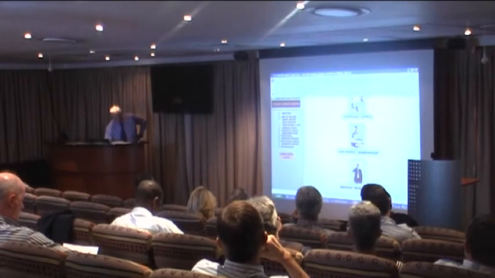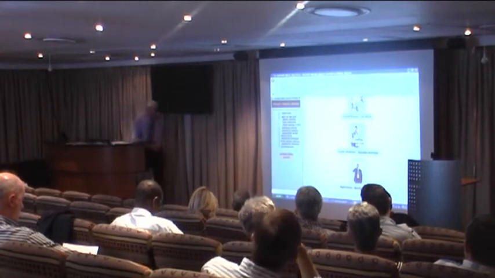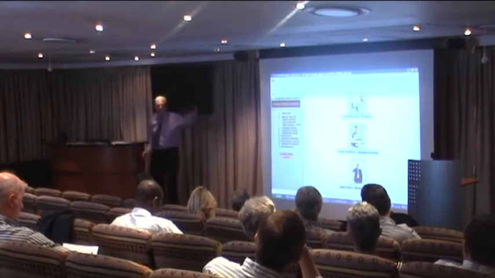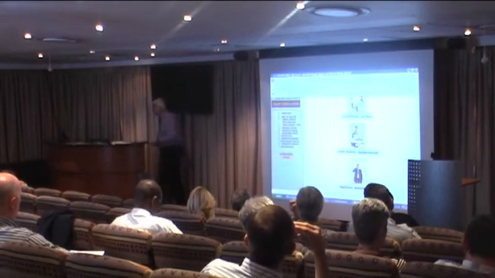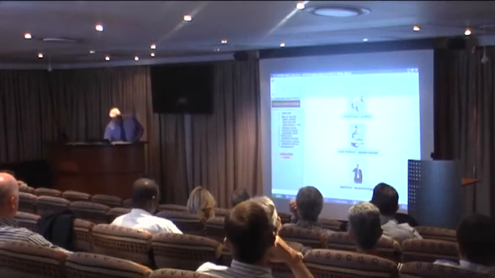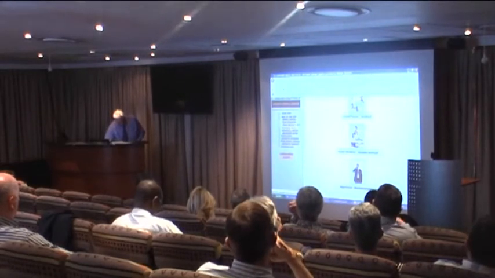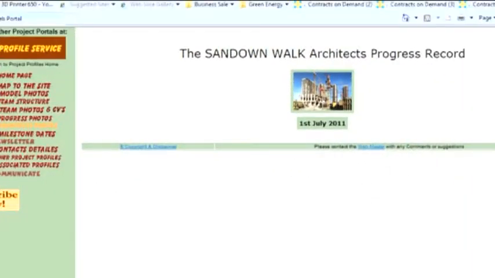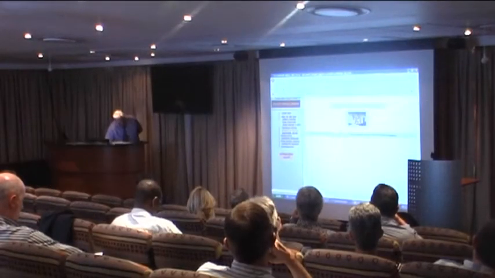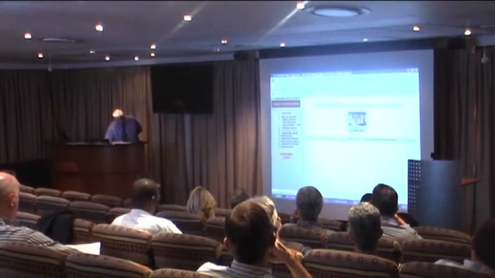And also at this stage we could have put in a CV for these people, so other members of the project team know their backgrounds and experience. Then here we can feed in all our progress photographs if we want to with the date of the photograph. And we can have the architect's photographs as well.